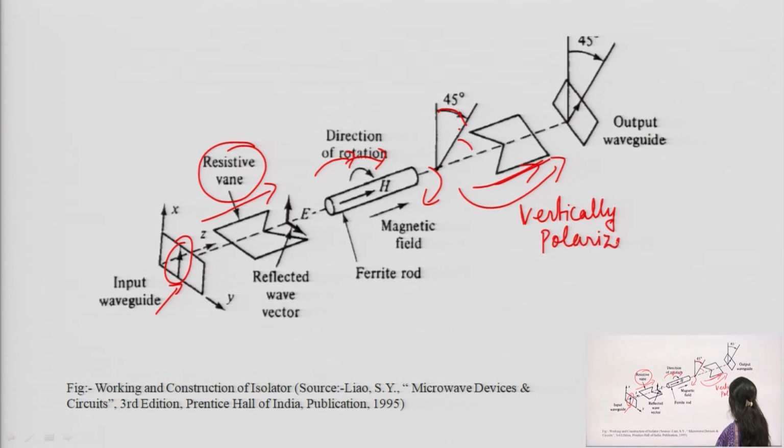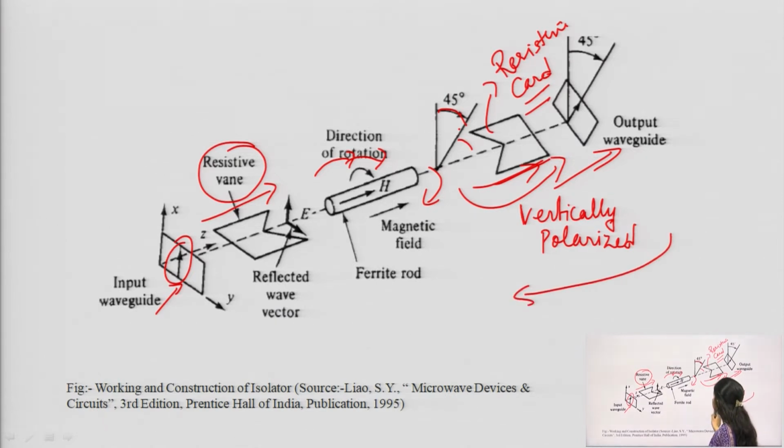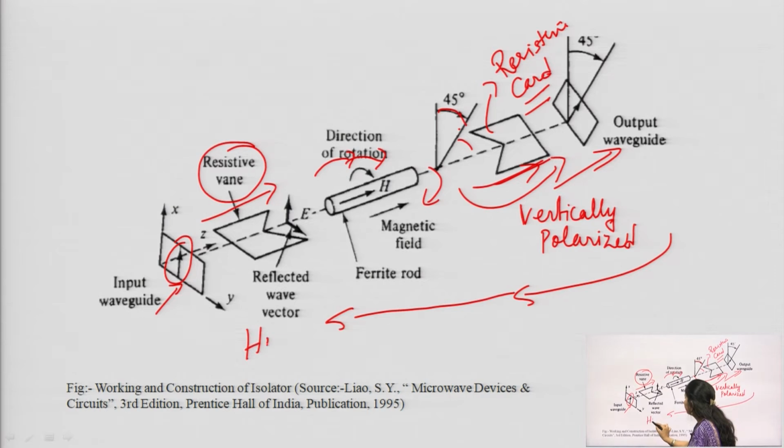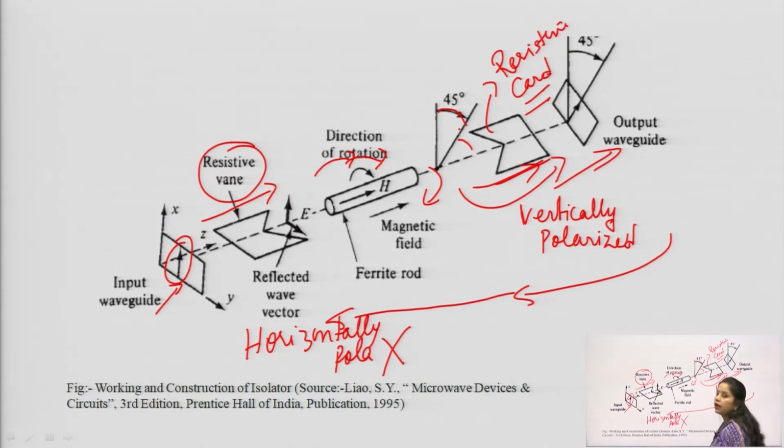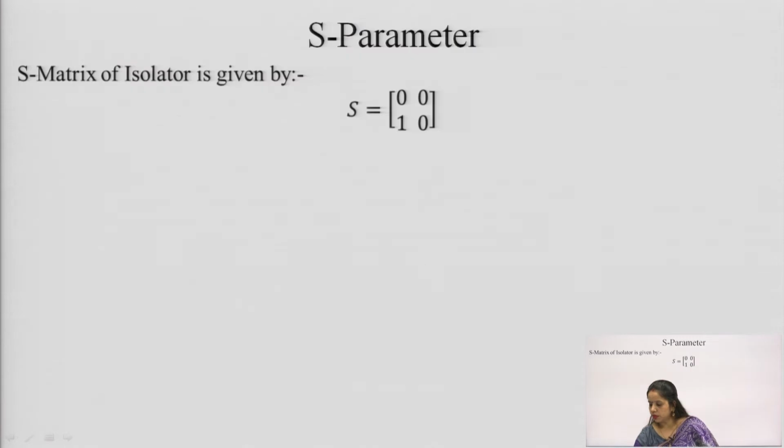So, it will allow the signal, and this is also a resistive card. And when the reverse happens, the wave gets horizontally polarized. In that case, our signal gets attenuated. So, this is the basic working principle of an isolator.